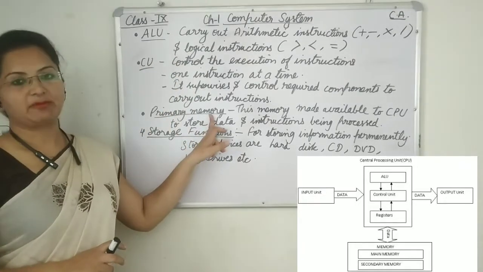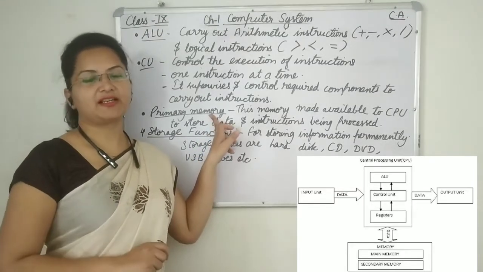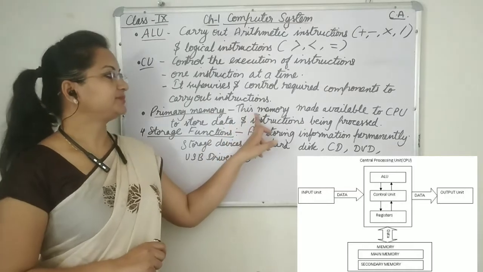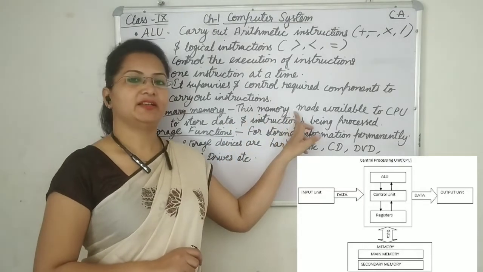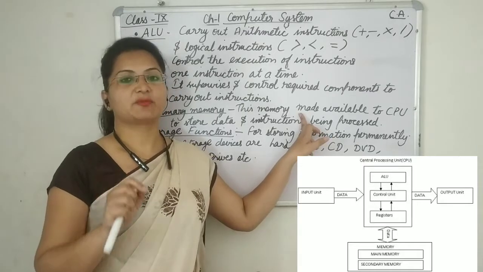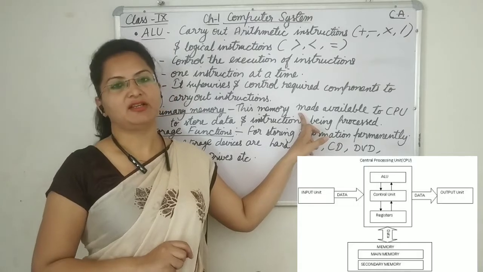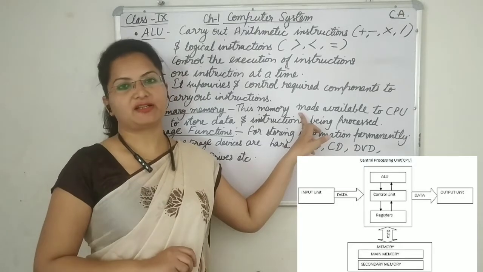Now, primary memory. Primary memory is inside the CPU. That means it is directly connected with the CPU, and this memory is made available when the instruction is being processed. At the time of processing of the instruction, we need memory to store the data temporarily.